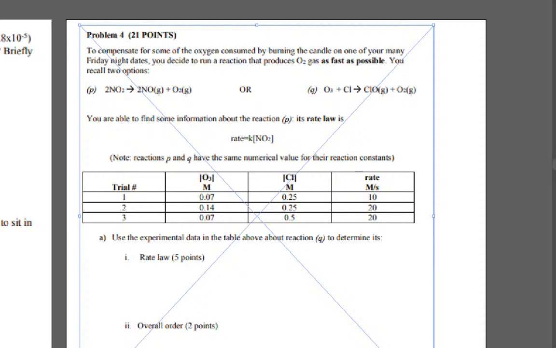You recall 2 options: 2NO2 results in 2NO plus O2, or O3 plus Cl results in ClO and O2. You find some information about the reaction of P. Its rate law is rate equals k[O2]. Okay. So it's first order.